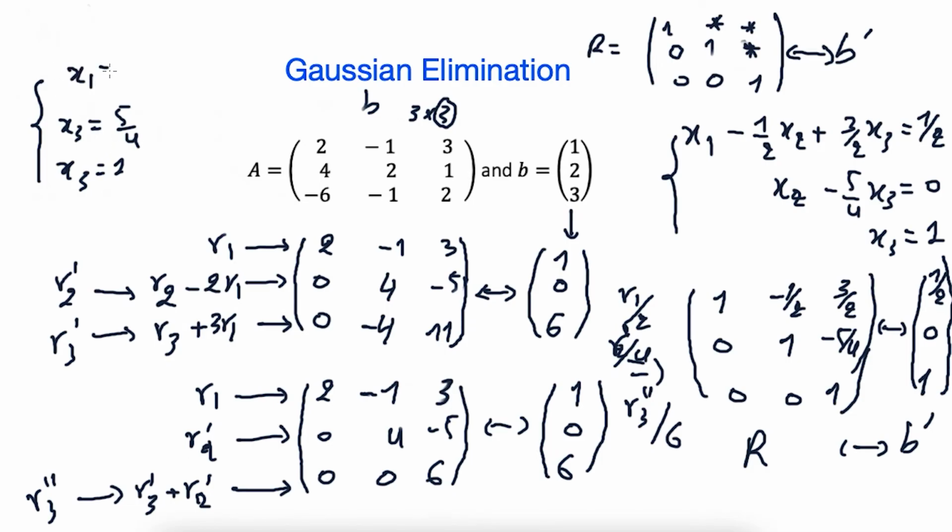And x1 here equals 1/2 x2, which is 1/2 times 5 over 4, so 5 over 4, and minus 3 over 2 times x3, which is 1, so minus 3 over 2, and plus this 1/2 here.